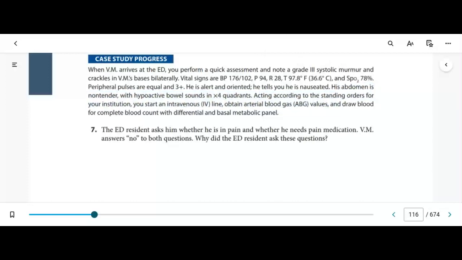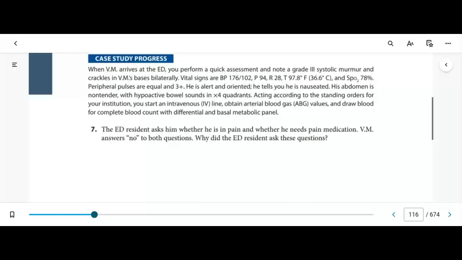Yep. What about the grade 3 systolic murmur? Yeah. That's not normal. Okay, very good. Let's keep going.